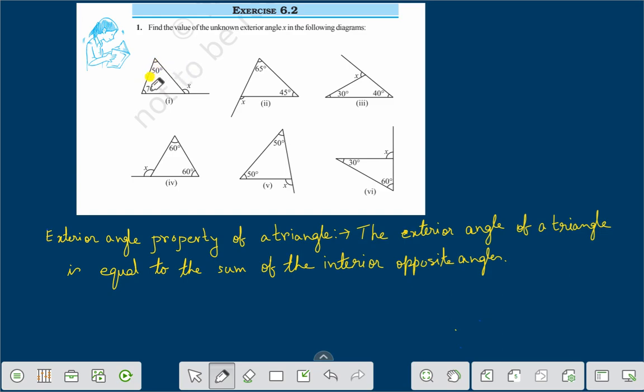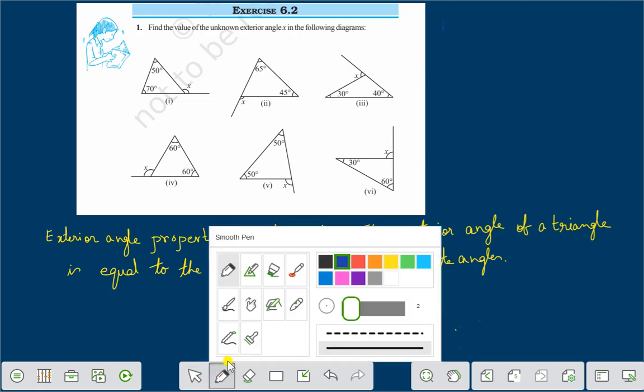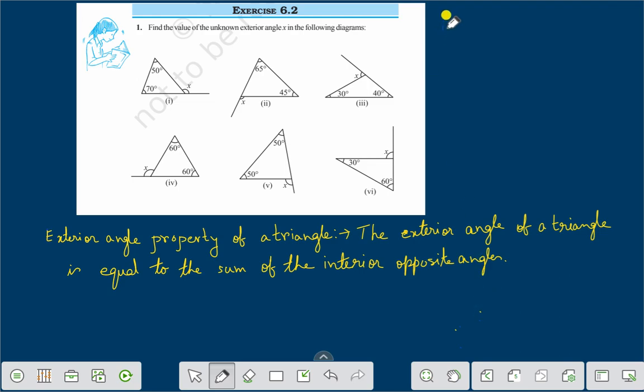Therefore, in figure 1, x is equal to 50 degree plus 70 degree, that comes to 120 degree. Therefore angle x is 120 degree.